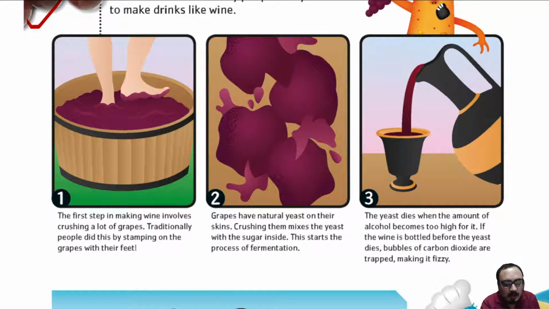The yeast dies when the amount of alcohol becomes too high, and if the wine is bottled before the yeast dies, the bubbles of carbon dioxide are trapped, making it fizzy.